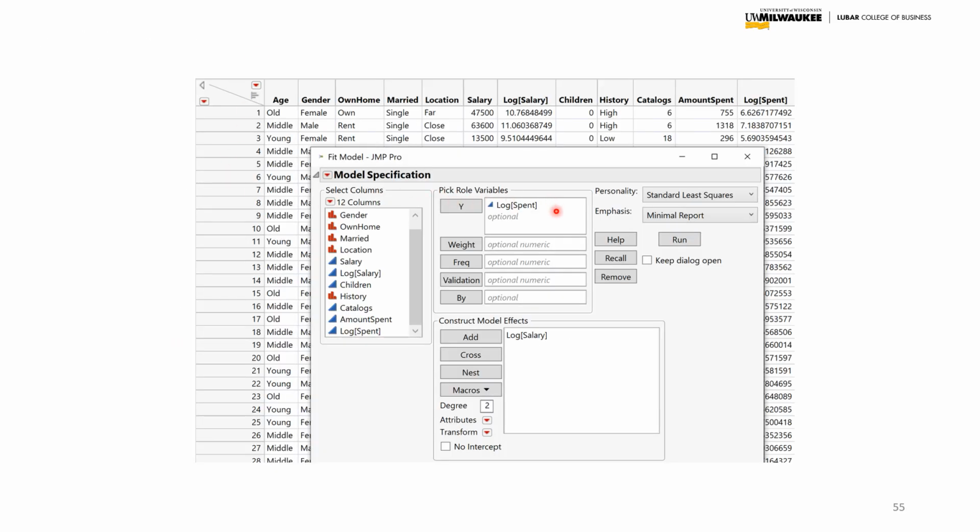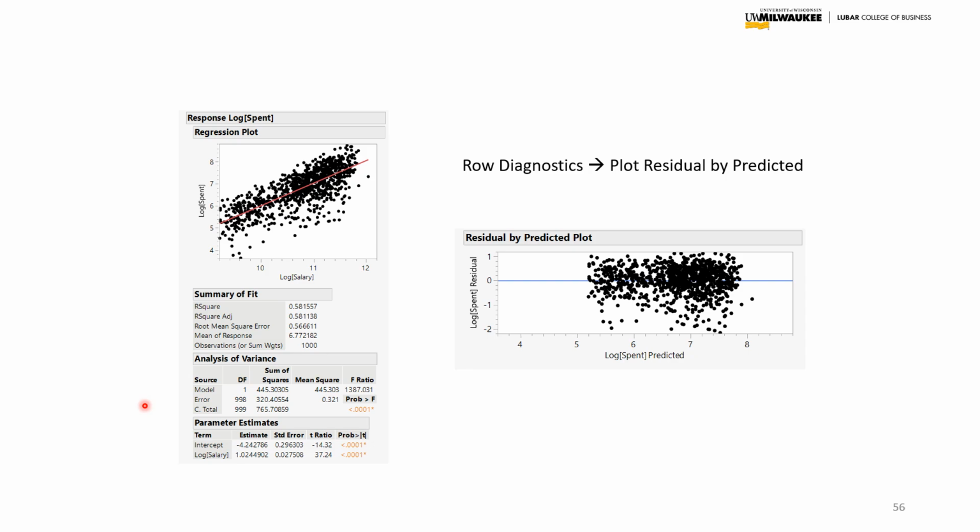I'm going to regress log spent on log salary. Here's the fitted model. You can see the superimposing of the line on the scatter of log spent versus log salary. And here are the residuals plotted, namely residuals against predicted values, and you can no longer see that funneling. It's basically constant in variance. It's not perfect, but it's a lot better.